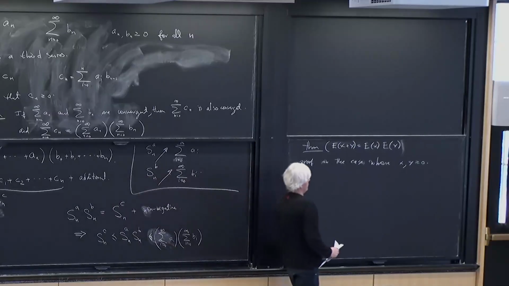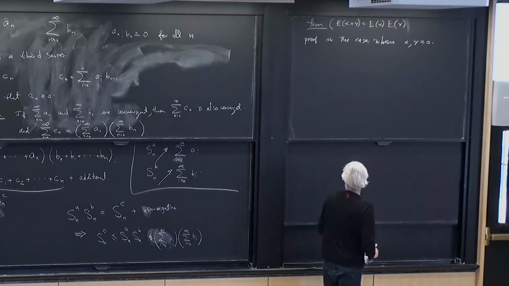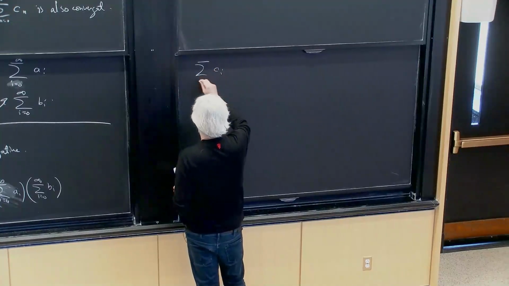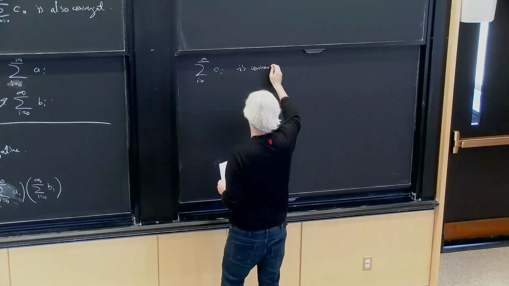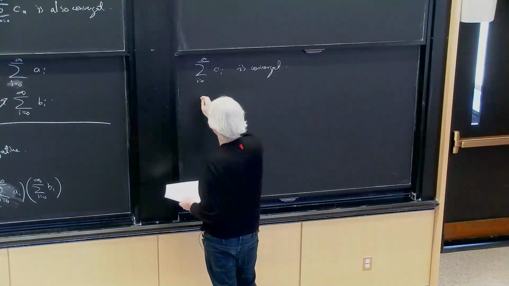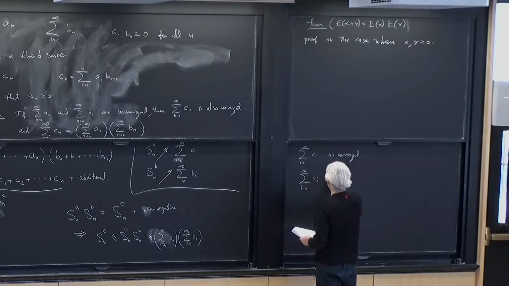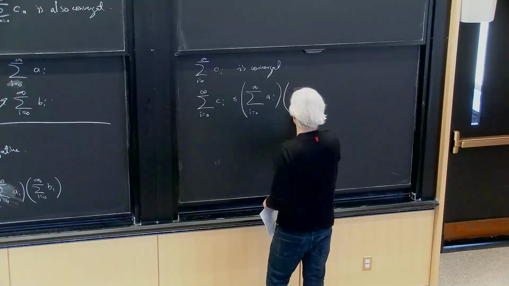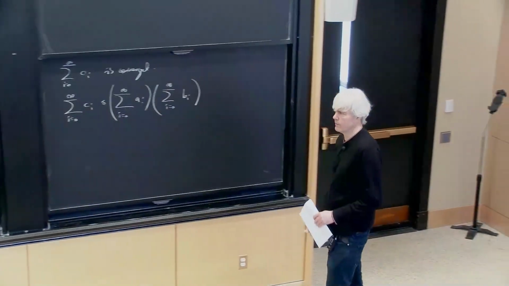So what we have concluded here is that this series is convergent, and that this infinite sum is less than or equal to the product of the other ones. This is what this gave us, so this is what we have so far.